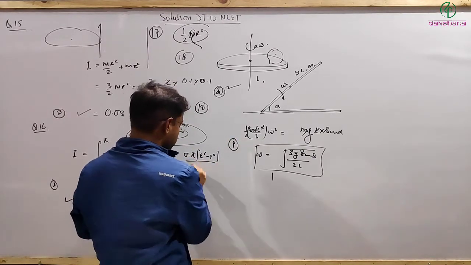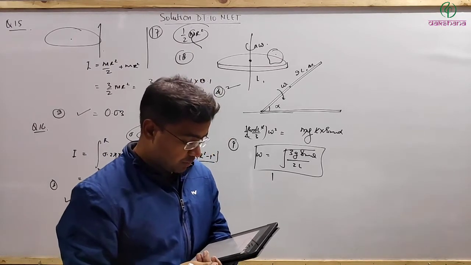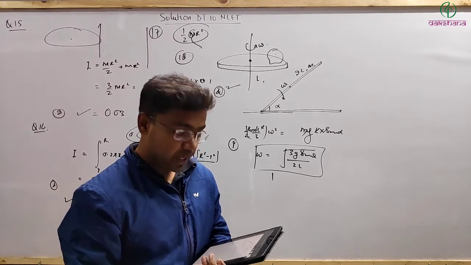Question number next 20. A wheel of mass 10 kg has moment of inertia 160 kg meter square about its own axis.